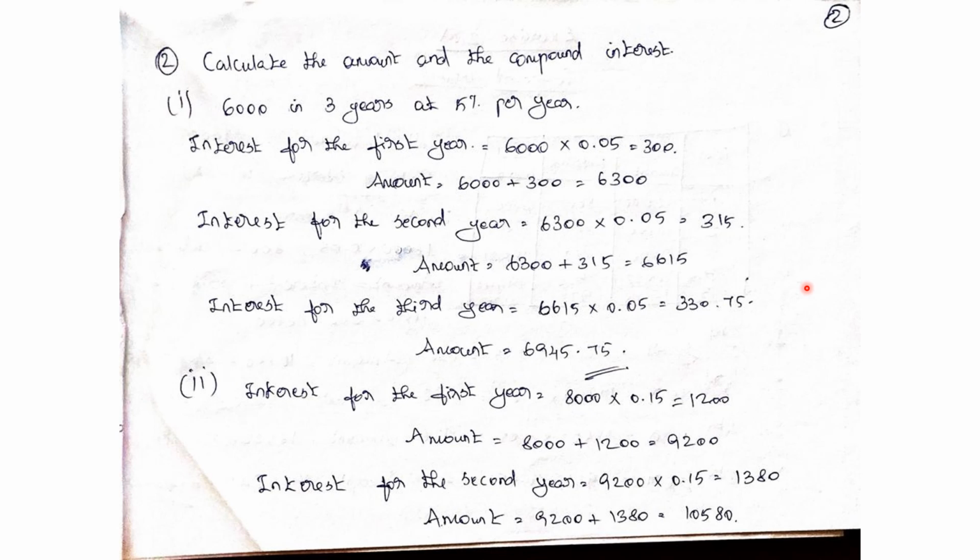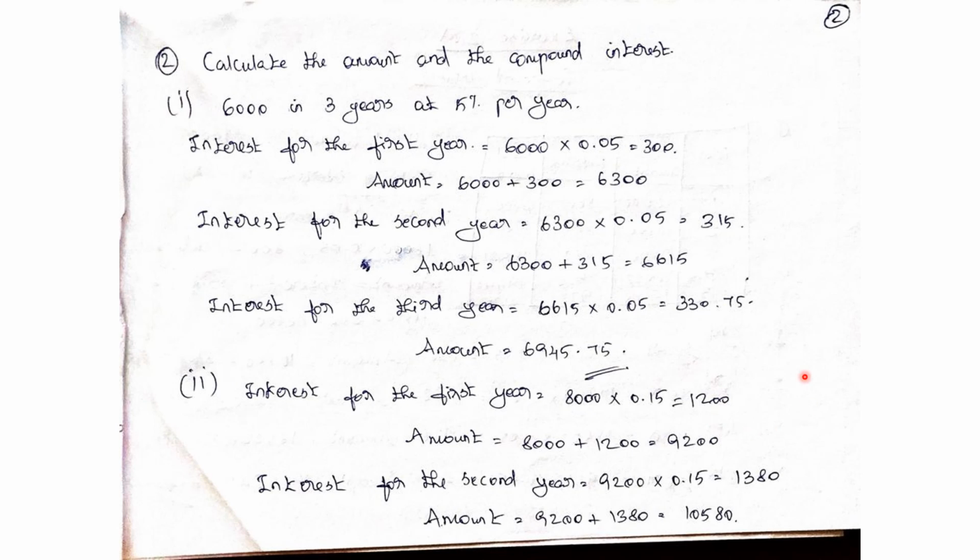In the second, one more sum is there. That is rupees 8,000 in 2.5 years at 15% per annum. 15% means nothing but 0.15. The principal amount is 8,000. So 8,000 into 0.15, we'll get 1,200.